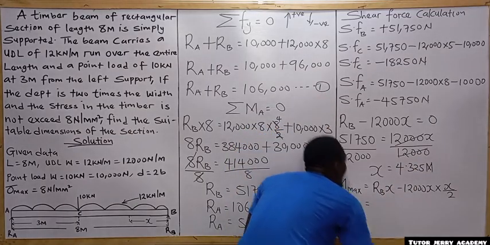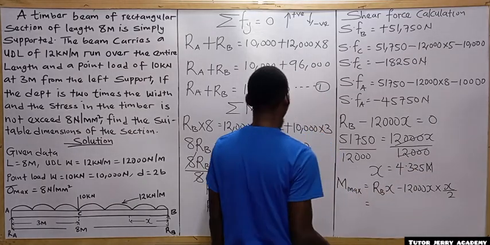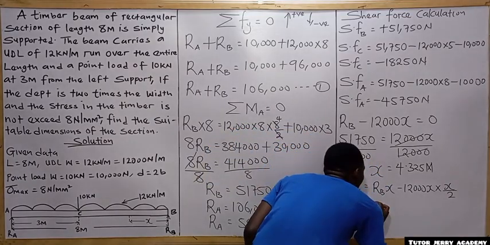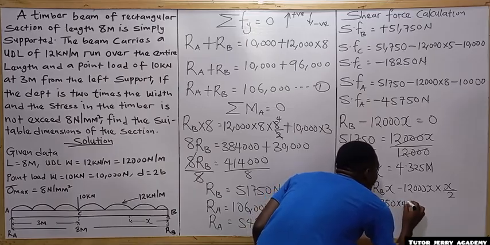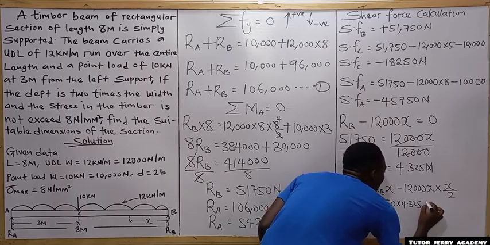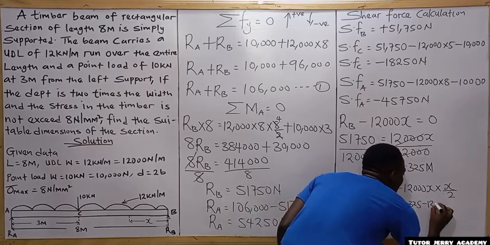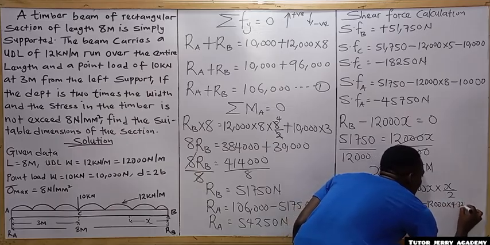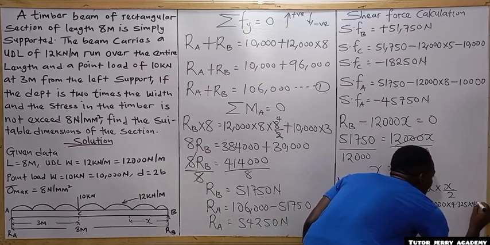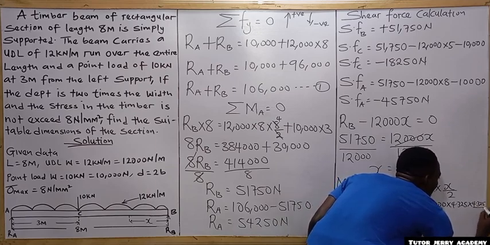All right, so let's substitute. So we are going to have R_OB. What is R_OB? R_OB is 51,750 times 4.325 minus 12,000 times 4.325 times 4.325 divided by 2.